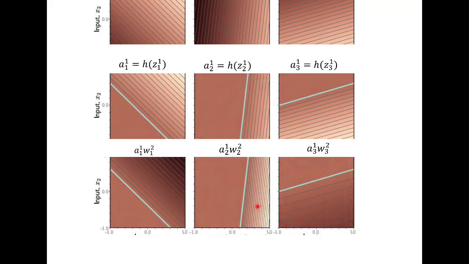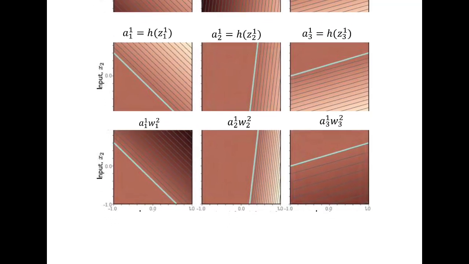So this probably implies that this W22 is greater than 1, because now these lines correspond to the same lines here. So the intensity is increasing faster along these lines. So I've scaled these numbers more. Here I see the distance is slightly more, so maybe this W21 is less than 1. And here again the distance is increased, so W13 is less than 1. So this is after scaling.